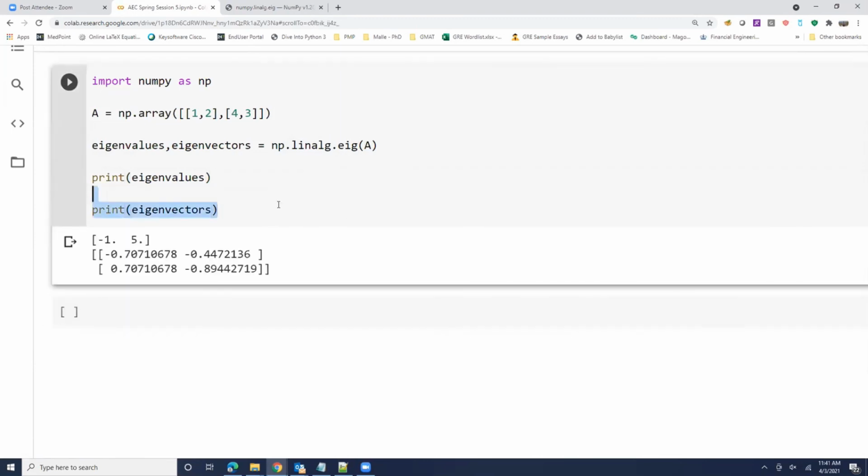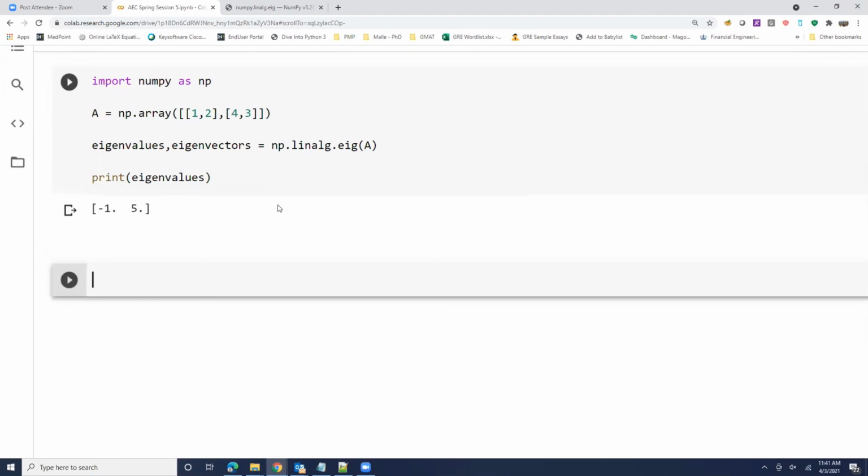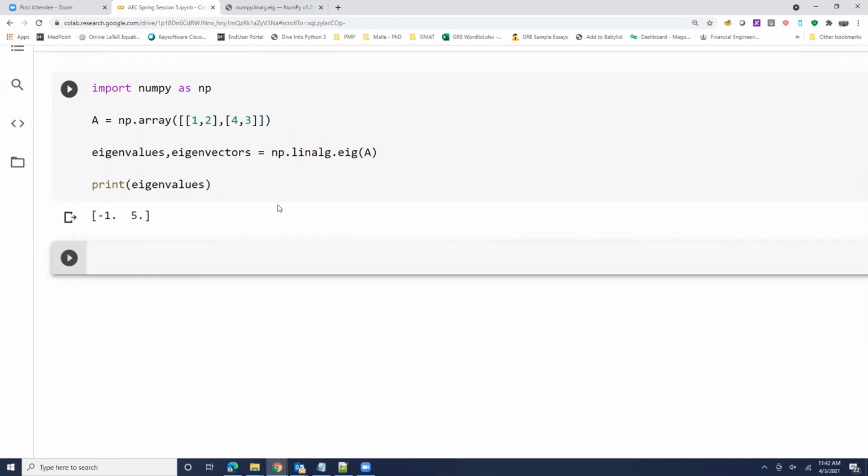Okay, ignore the eigenvectors for now. Let's focus just on the eigenvalues. So as you can see, it's relatively straightforward to calculate eigenvectors and eigenvalues.